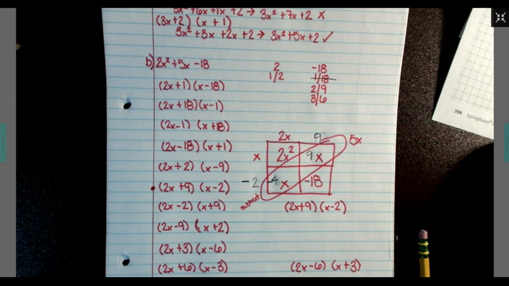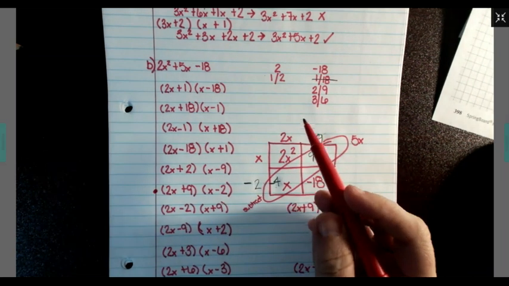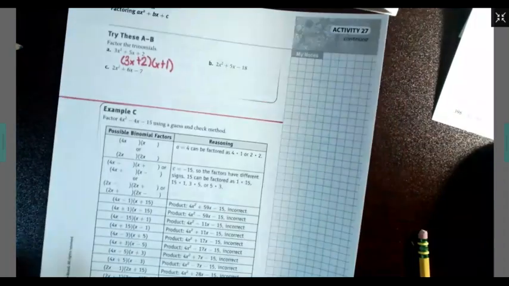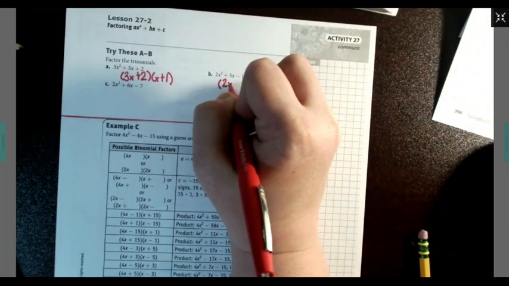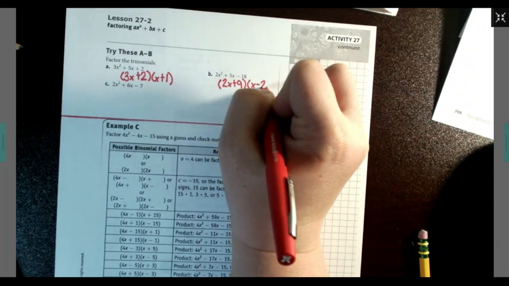Me, I like to use this graphic organizer, especially in this time, because if you keep trying these over and over, all the different possibilities, this would have gotten very time consuming and very messy. So here, this one is 2x plus 9, x minus 2.